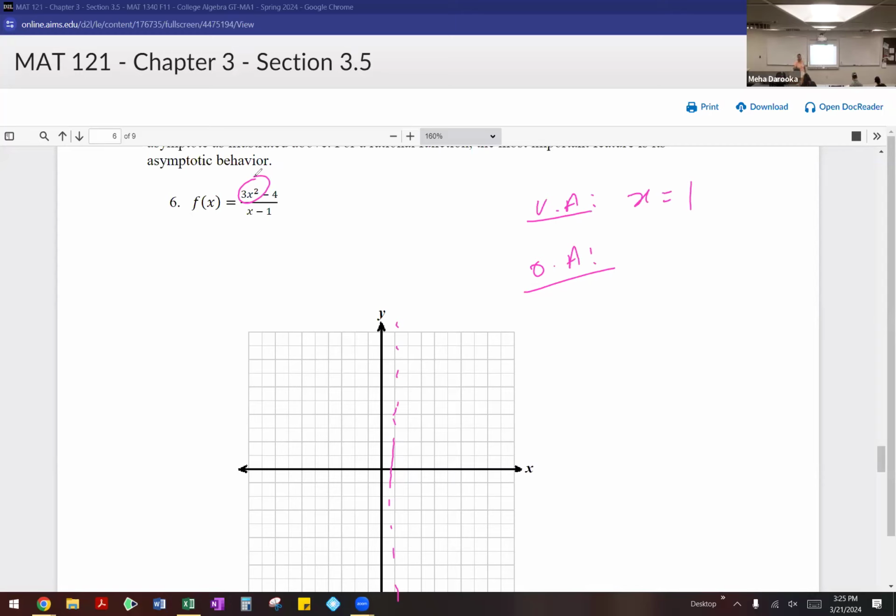So you're taking x minus 1, setting it equal to 0, which means we're dividing by 1. You've got 3x squared, and you've got negative 4, which means you're missing the x term, so we put a 0 for that. Bring down the 3. 3 times 1 is 3. Add. 3 times 1 is 3 again. We need that negative number. That's your oblique asymptote. That's going to be positive 3.